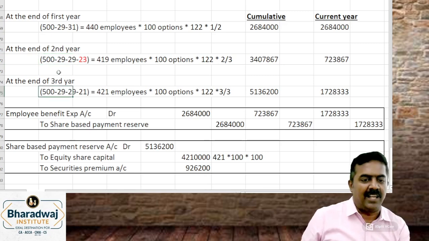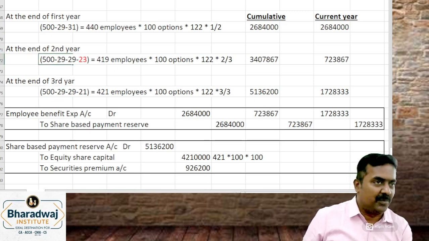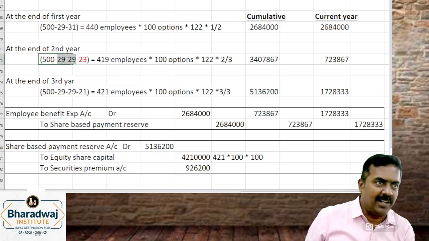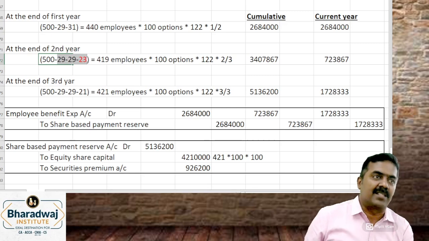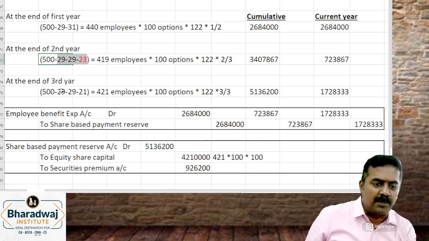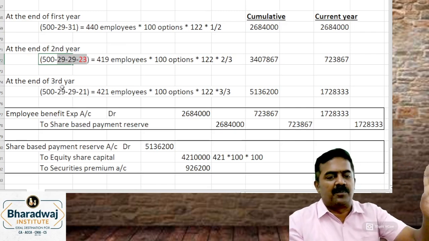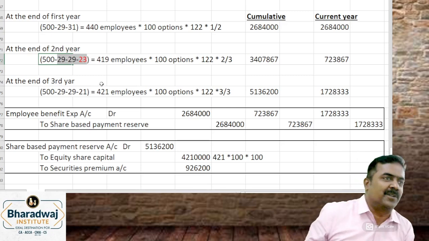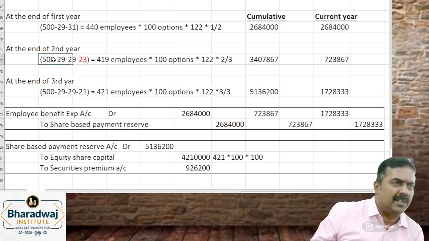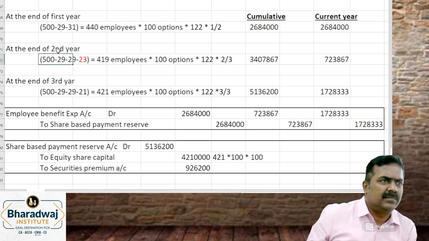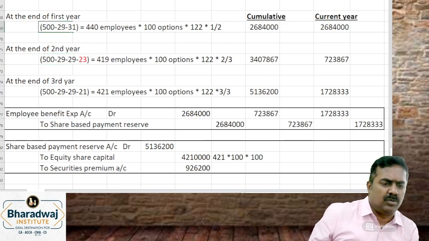Because at the end of the second year, what is your position? 500 minus 29 we already know. This 23 we are estimating to go. The actual position will be known only after 12 months. In the second year, they expect 23 people to leave. That is an estimate, but should we give any disclosure? No, not required. Labor turnover keeps changing year to year.